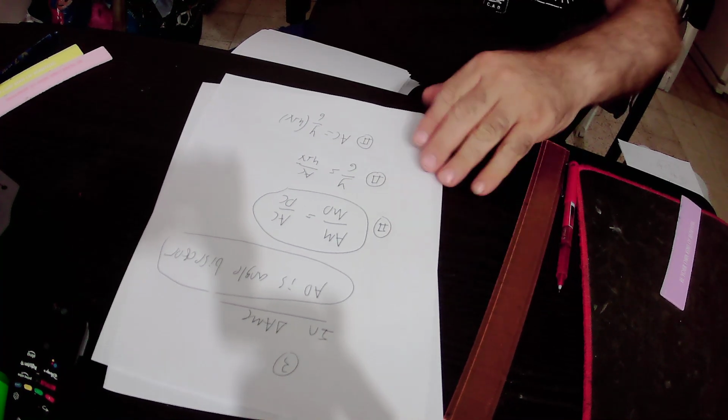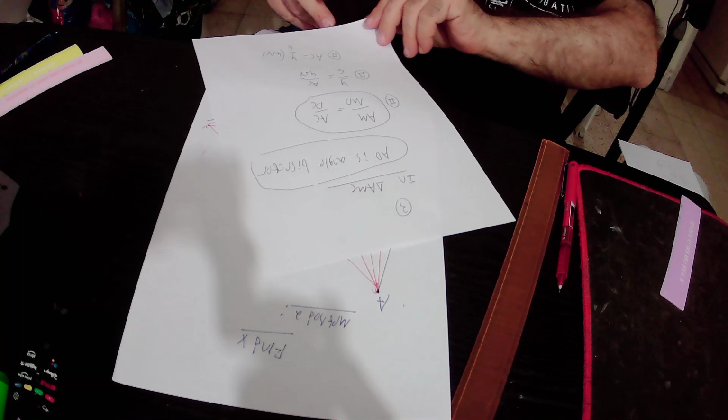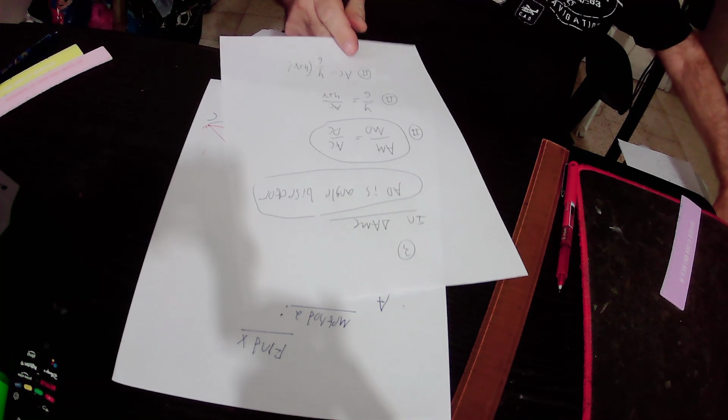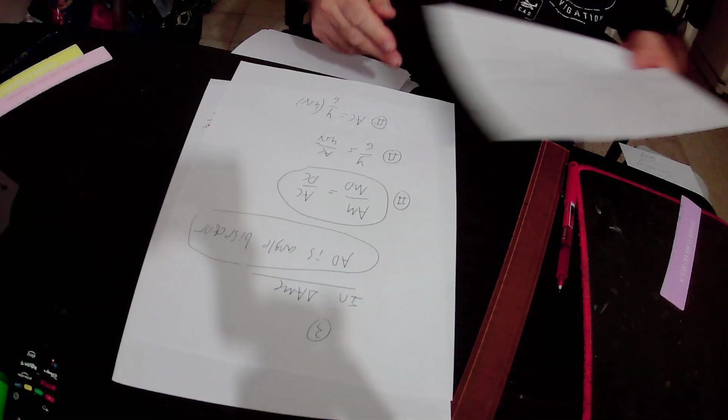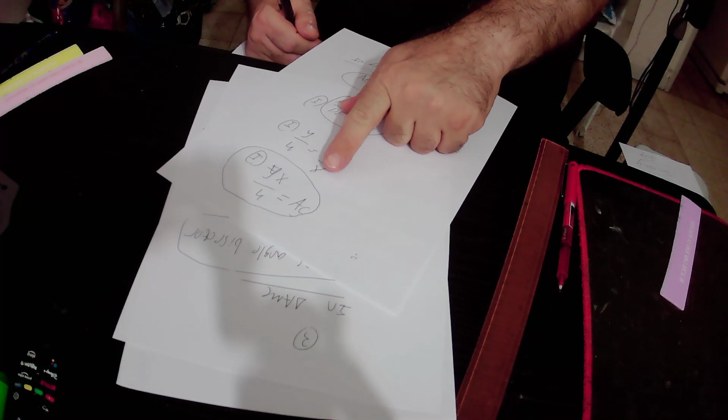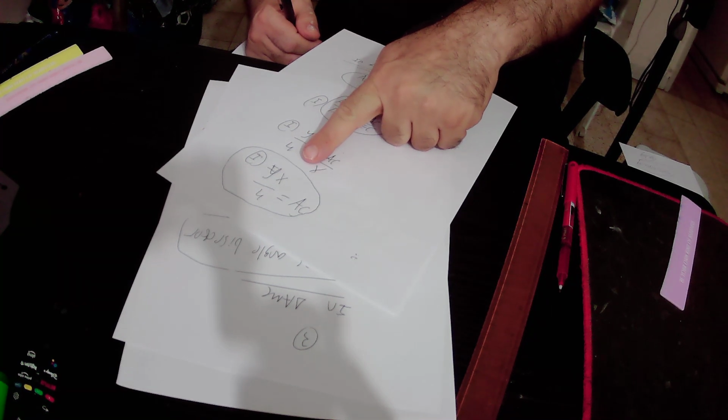And according to equation number 1, AC equals y times x over 4.